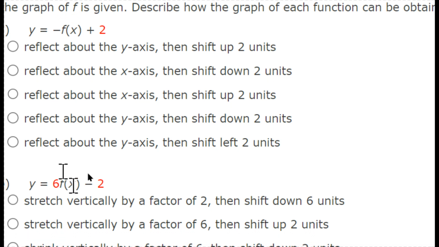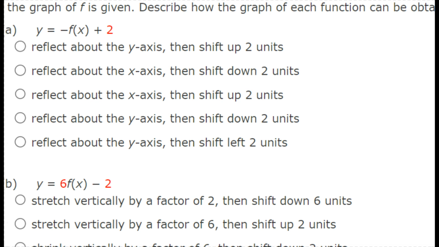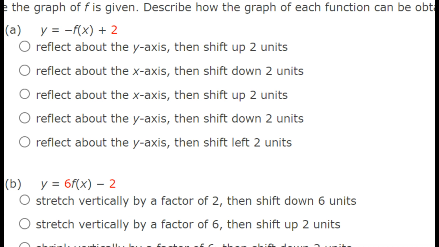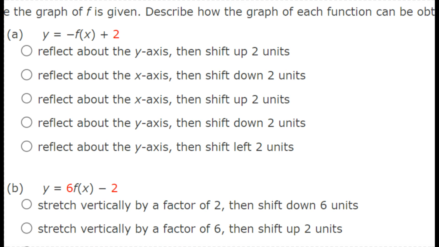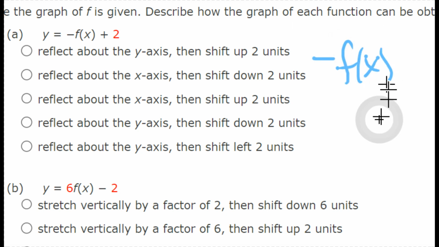Minus f of x plus 2. Okay, all we've done is modify the y values. Look at the multiplication part first. Just study what it would be if it was minus f of x.